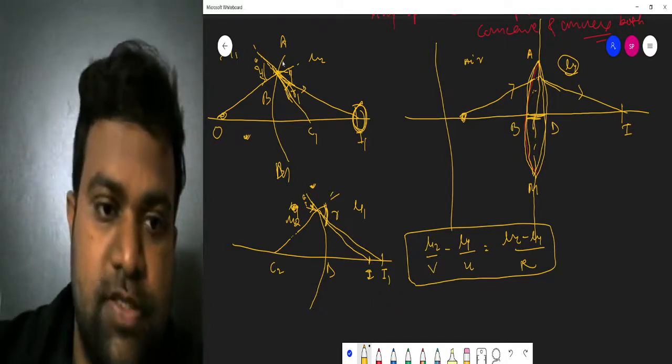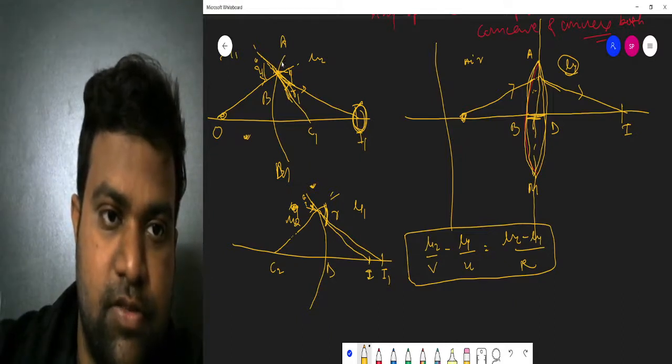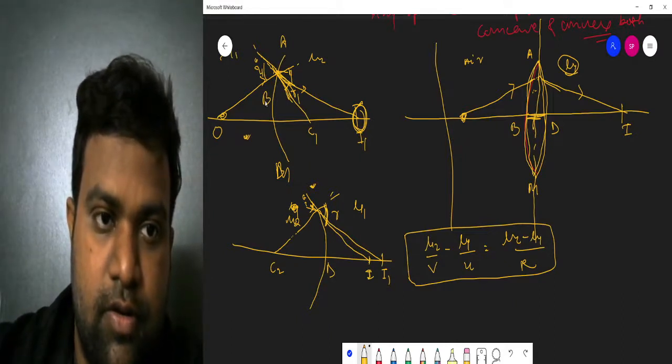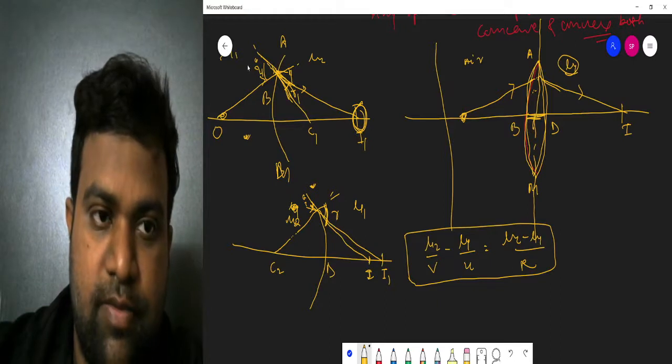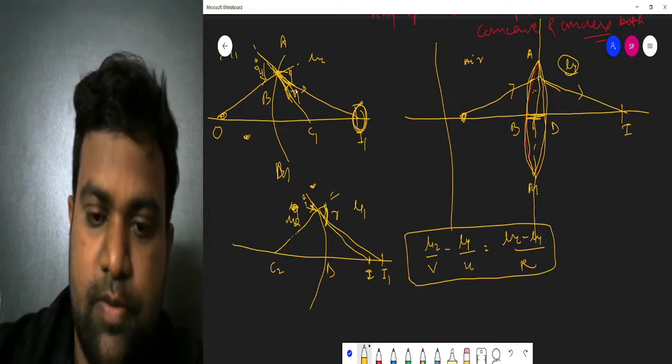So for the first surface, that is ABM surface, here light is traveling from mu 1 to mu 2 of refractive index.